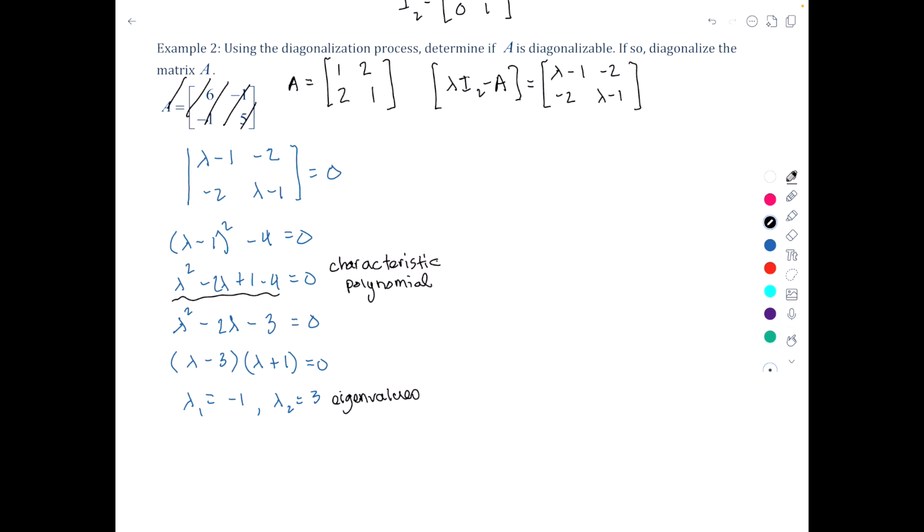And we learned a theorem that said that two distinct eigenvalues for a 2 by 2 matrix means that A is diagonalizable.